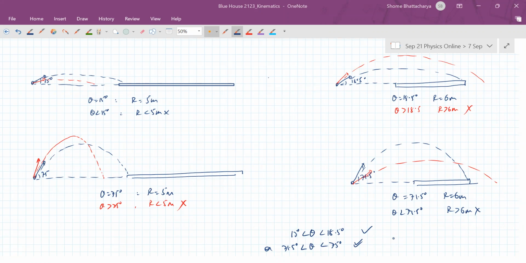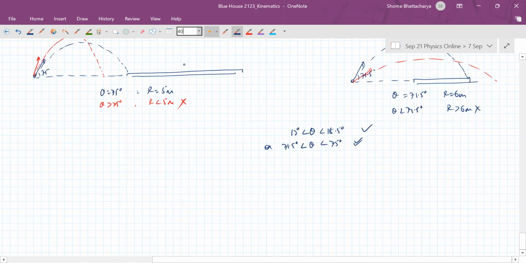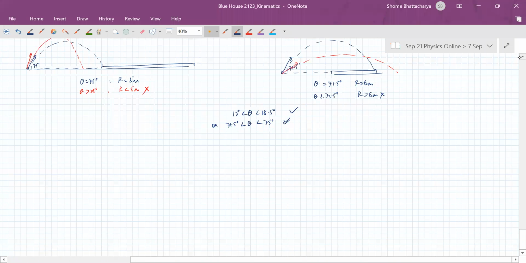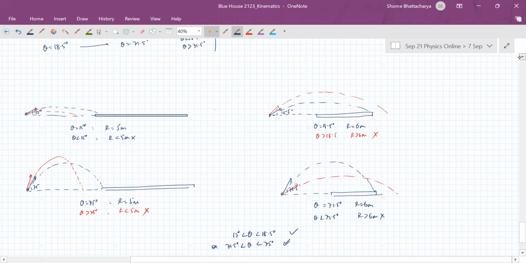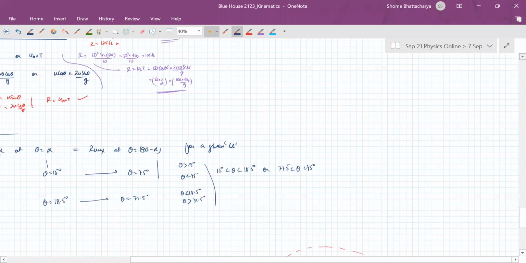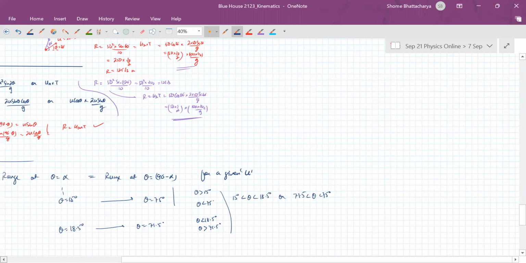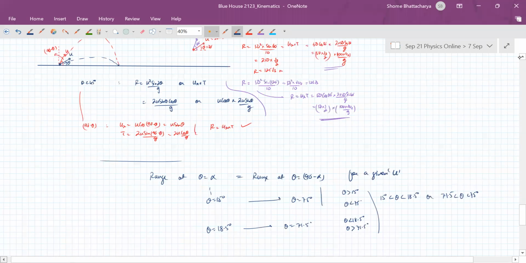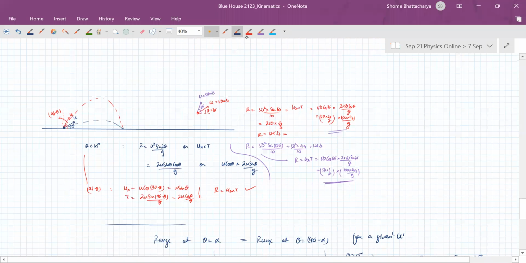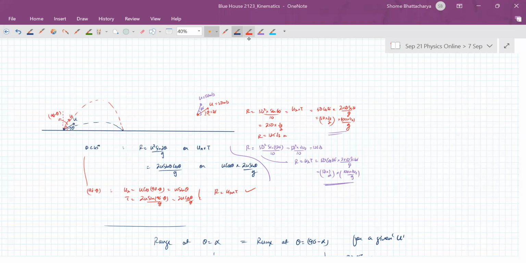Yes, I'll show the upper part also. That is given in the question, that the speed of projection is consistently the same in all the cases.